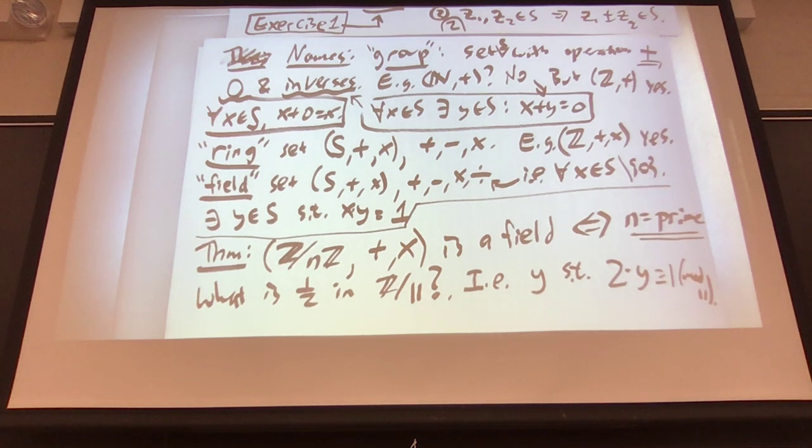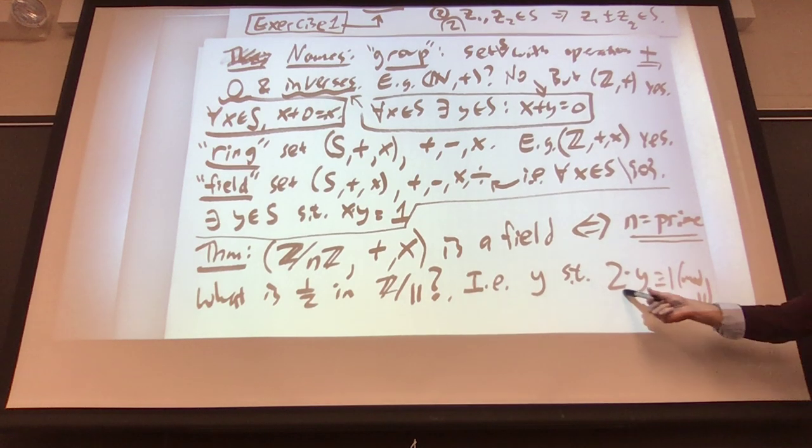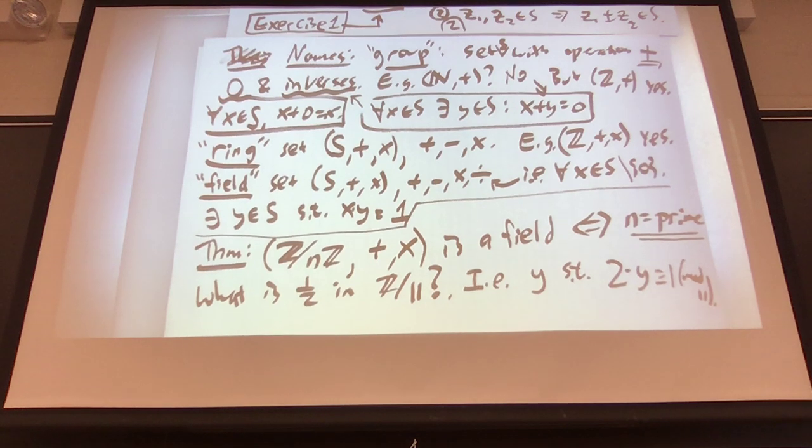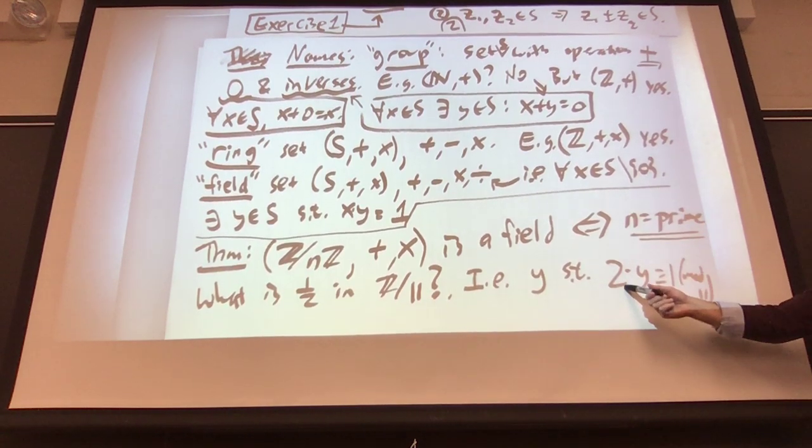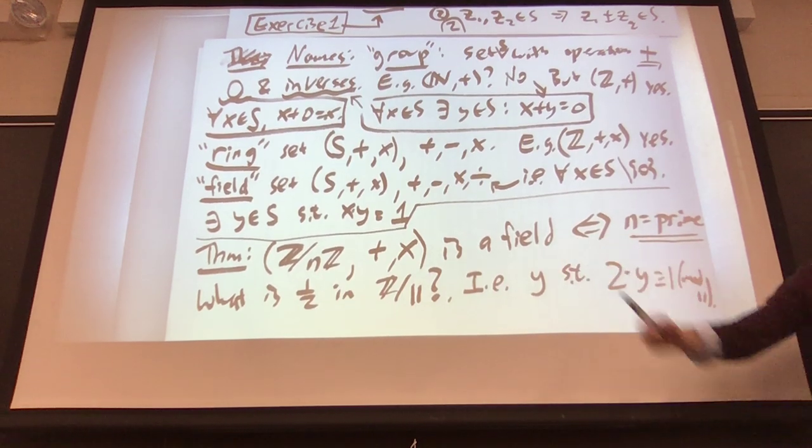How many people know such a number? Those that don't, take another minute and see if you can think of such a number. I want to be able to solve this equation. And if I can solve this equation for any non-zero x, then I have a field.